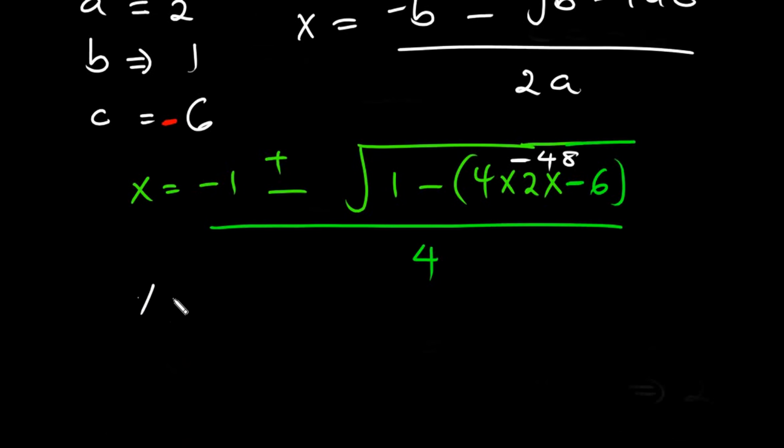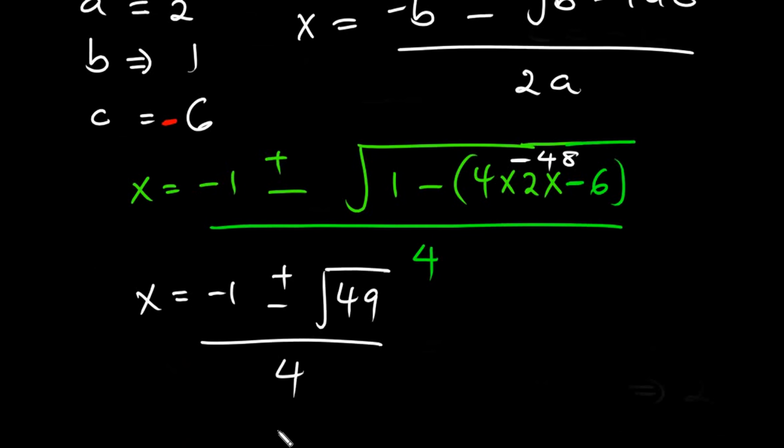So we are talking of x is equal to negative 1 plus or minus the square root of 49, and then all this divided by 4. So x is going to be -1 plus or minus, so the square root of 49 is plus or minus 7. Then divided by 4, not 2, divided by 4.